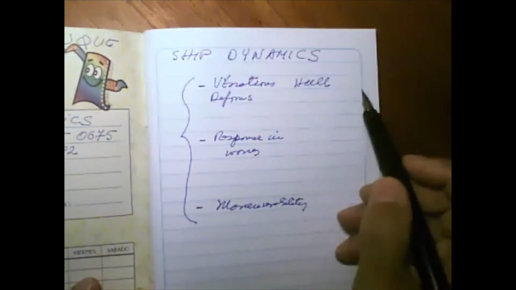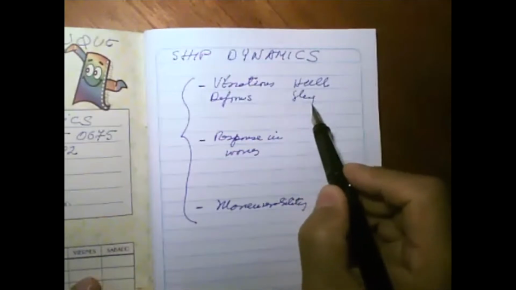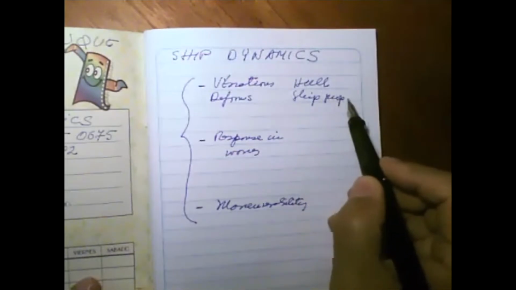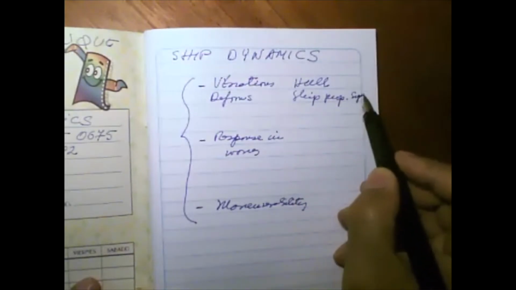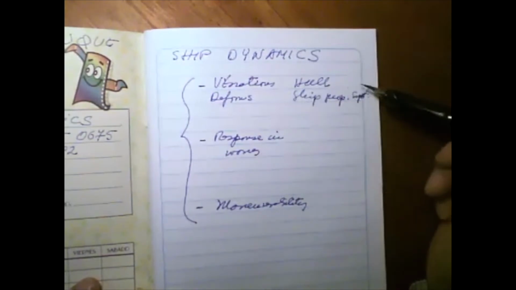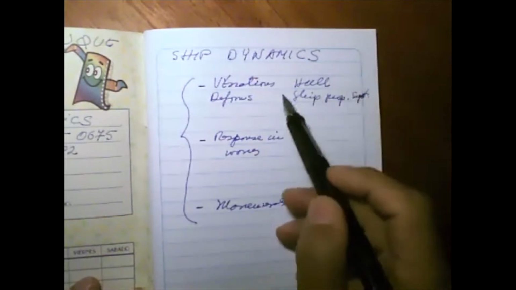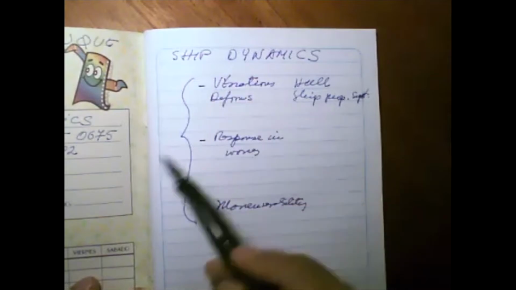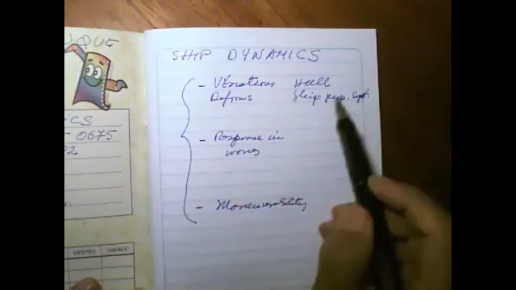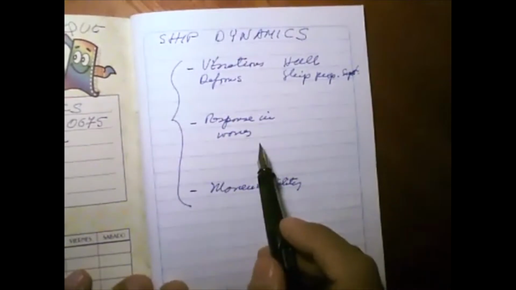For example, we have local vibration, typically the ship propulsion system. In this case, it can vibrate torsionally. In all of these cases, the system deforms. That's vibrations. The other area is response in waves.